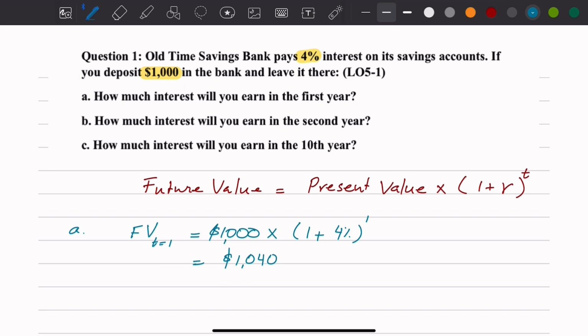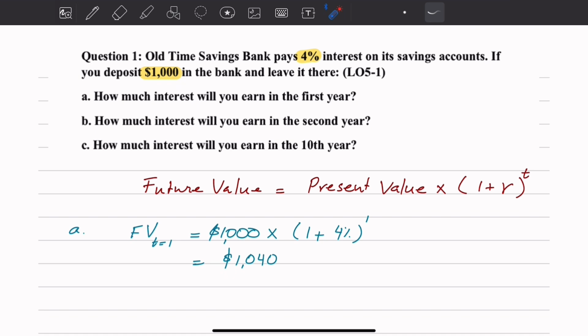All right? Now, this is the future value, but you cannot stop here because this does not really satisfy the question. Remember the question, how much interest will you earn in the first year? So for us to figure out the interest, we need to separate the interest from the principal.